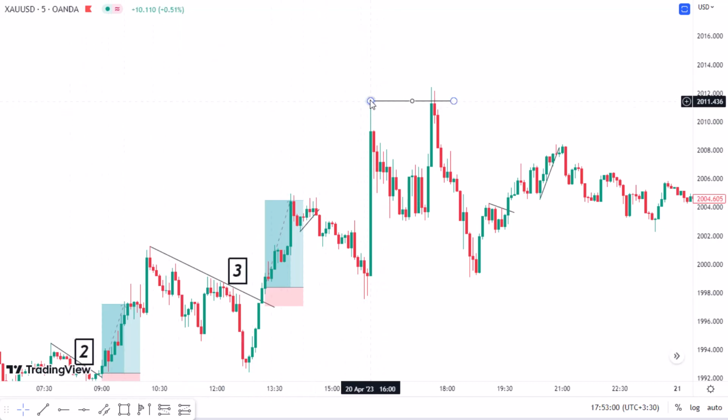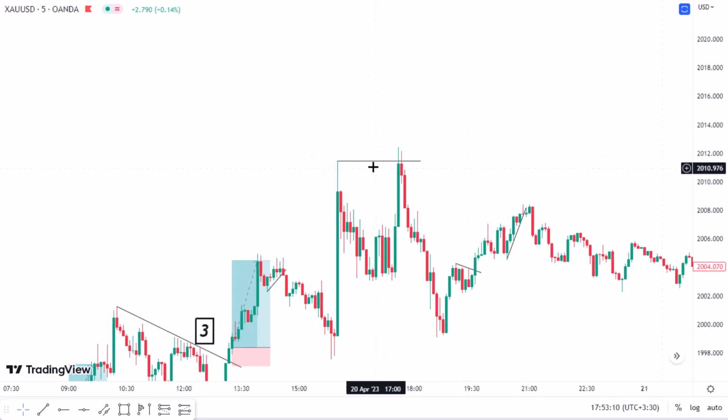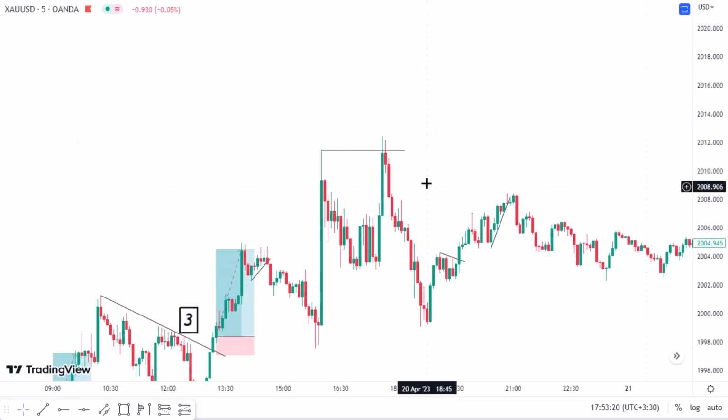So this is a resistance for the price in lower time frames, like 5 minutes, 1 minute. The price reacts to this level and makes a rejection candle like this one. We can risk here and enter a sell position, put our stop loss above the candles and look for our risk to reward too, which the price of course gives us our reward.